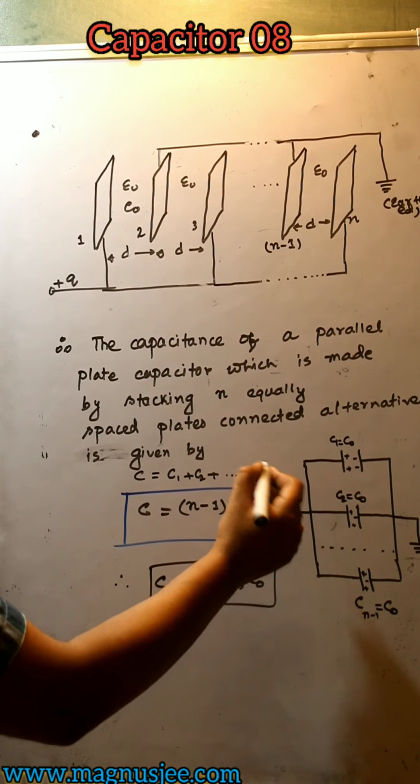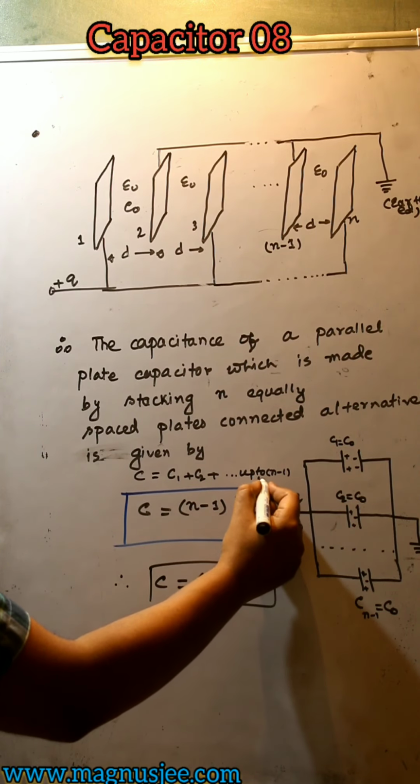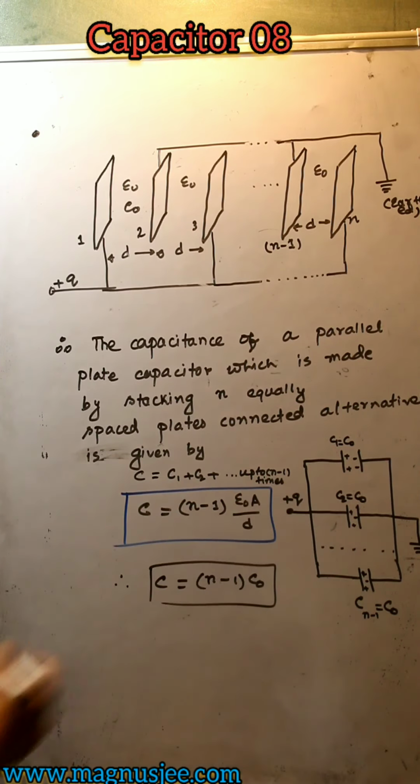This is the formula up to n minus 1 terms. The parallel plate capacitor which is made by stacking n equally spaced plates.